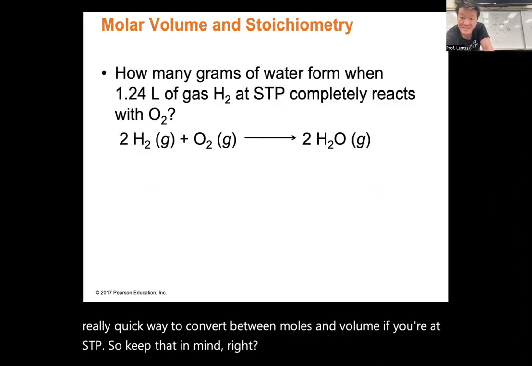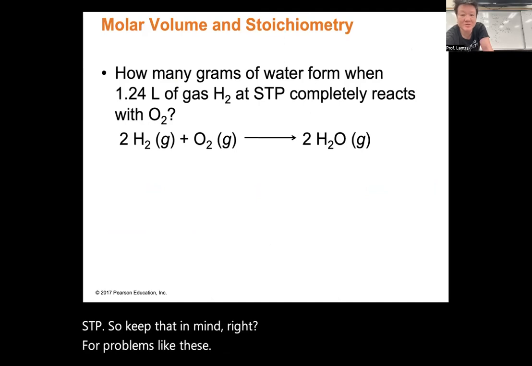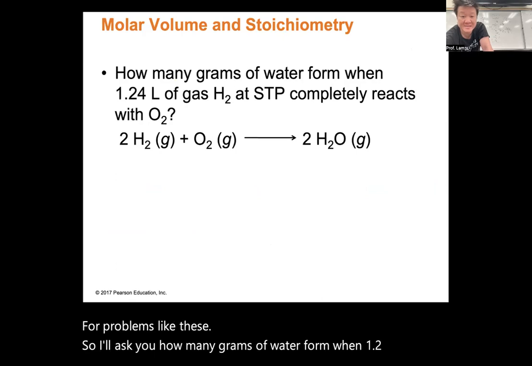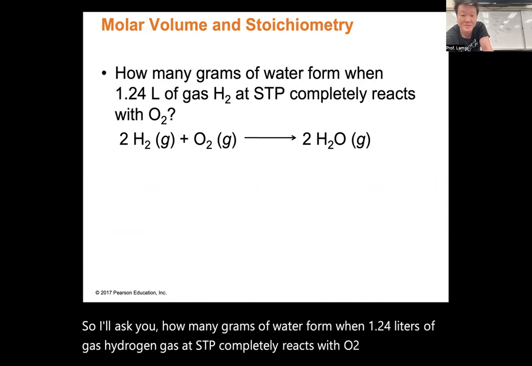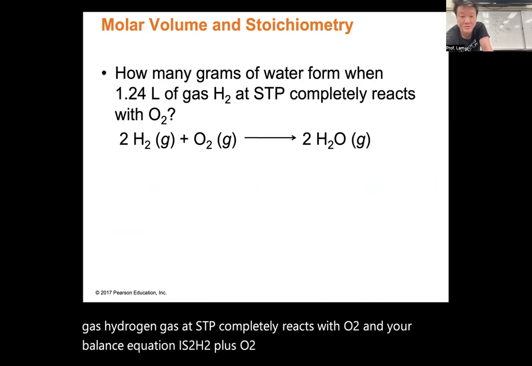For problems like these, they'll ask you, how many grams of water form when 1.24 liters of hydrogen gas at STP completely reacts with O2? And your balanced equation is 2H2 plus O2 goes to 2H2O.